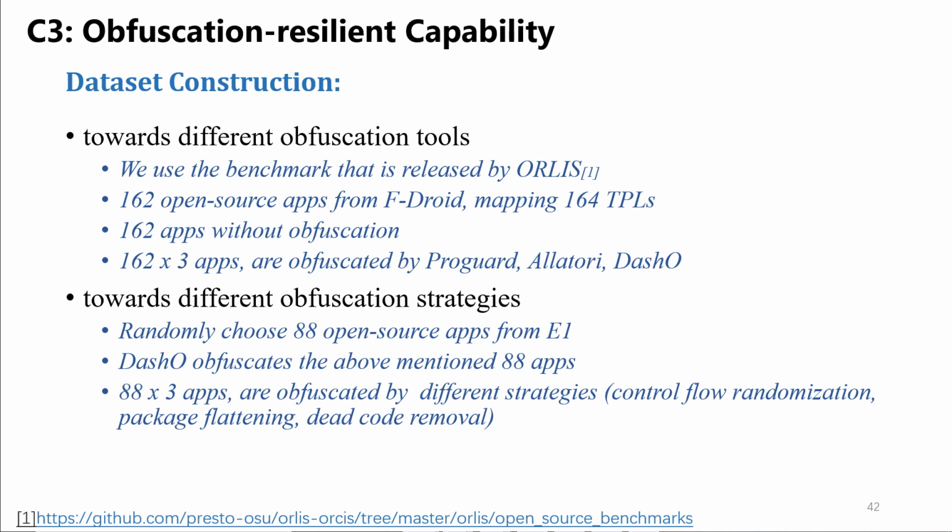And we obfuscated these apps by using different strategies, that is, control flow randomization, package flattening, and dead code removal. Control flow randomization can change the control flow graph, and dead code removal can delete some TPL code which is not invoked by the host app.